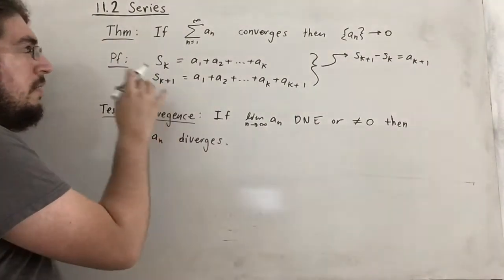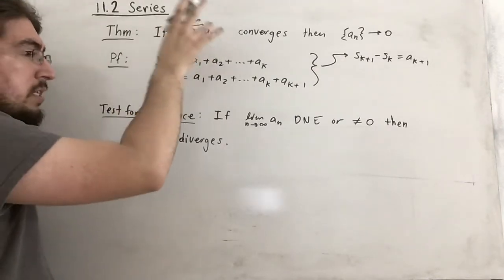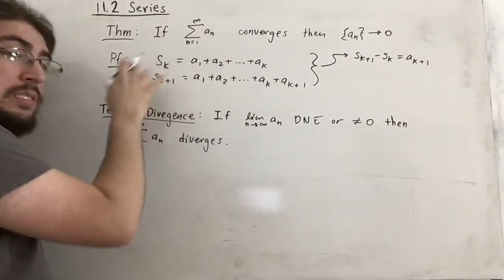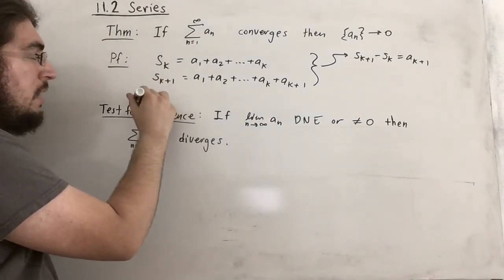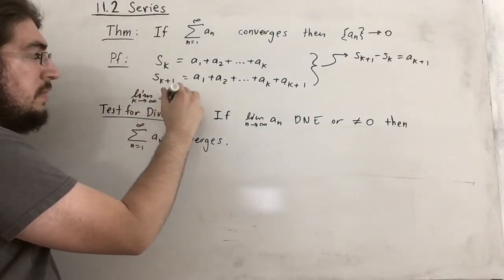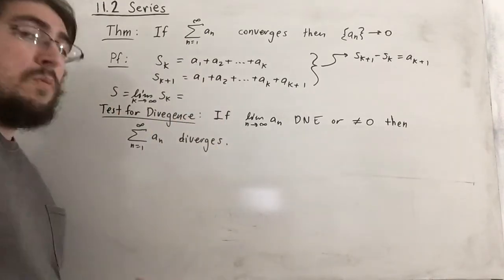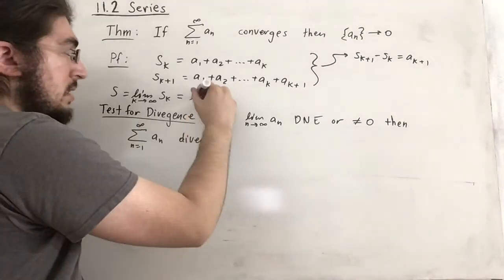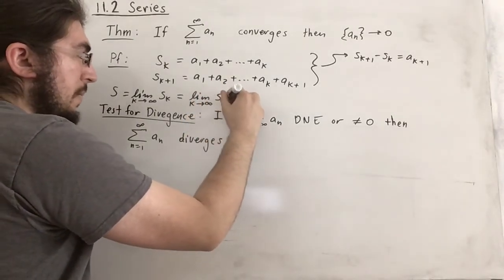Now notice, since we're assuming that the series converges, that means that the sequence of the S sub k's converges, so we can say the limit as k approaches infinity of S sub k exists. We can call it S. And from an argument we saw earlier, this is the same as saying the limit as k goes to infinity of S sub k plus 1.